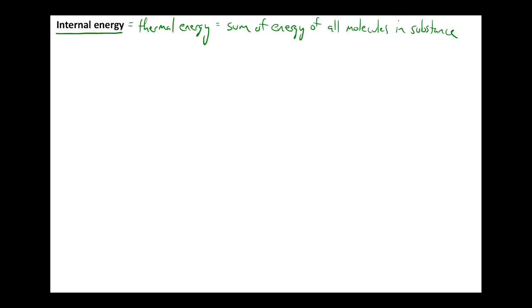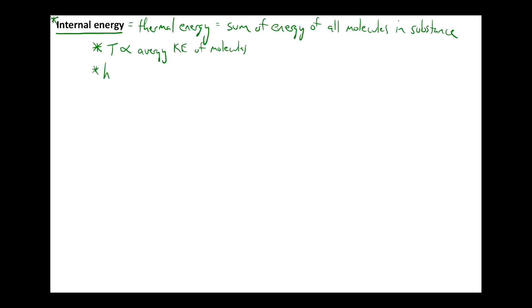So, let's rewrite out a few of these definitions. So first of all, the temperature, don't forget, is proportional to the average kinetic energy of molecules. We have right above that a definition of the internal energy.